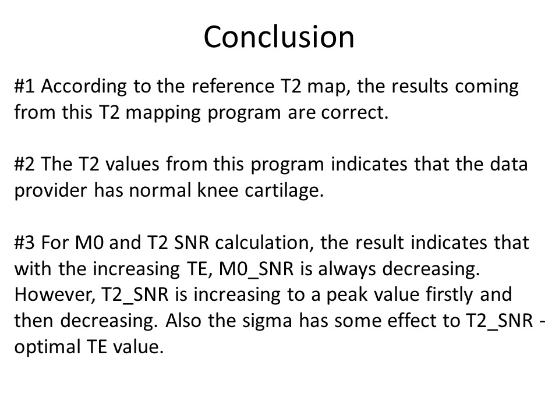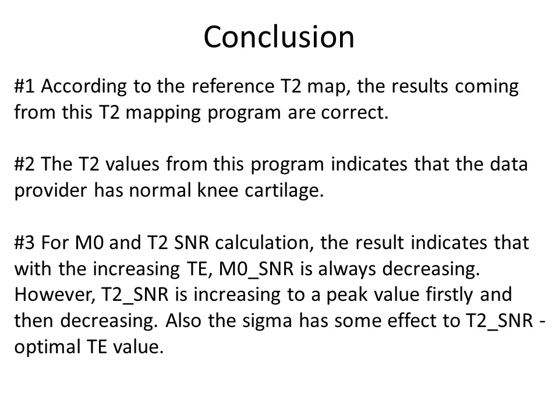So here is the conclusion. Point one is that according to the reference T2 map, the results coming from this T2 mapping program are correct. The second is that the T2 values from this program indicate that the data provider actually has normal knee cartilage.